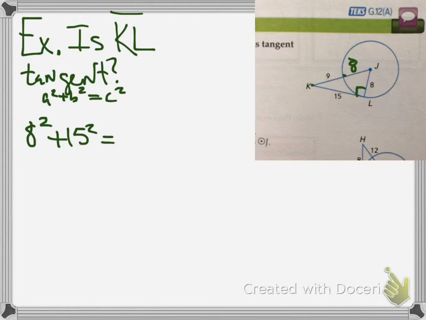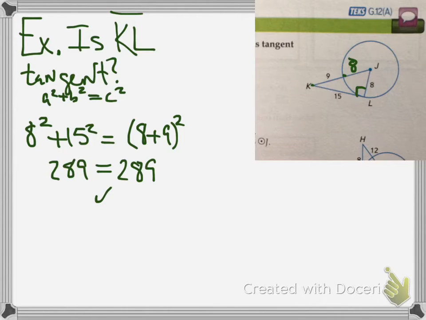So what's in between? The radius, 8. So I'd have to add 9 plus 8, and that would become my C. So 8 plus 9 would become my C squared. And then when I check those, I would get 289 for both of them. So that means it meets the Pythagorean theorem, which means it is a right triangle, which then means KL is tangent.